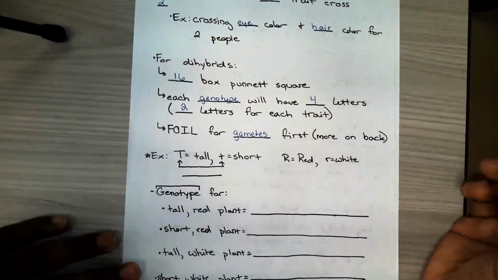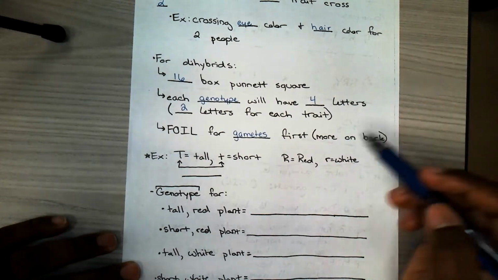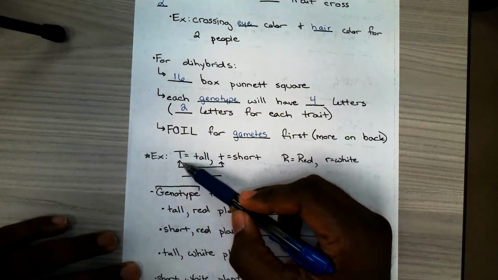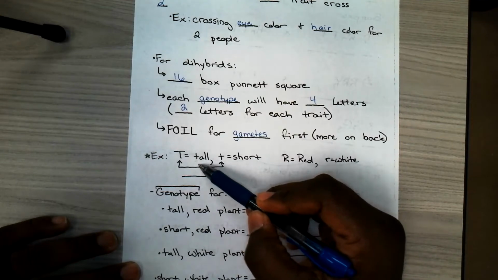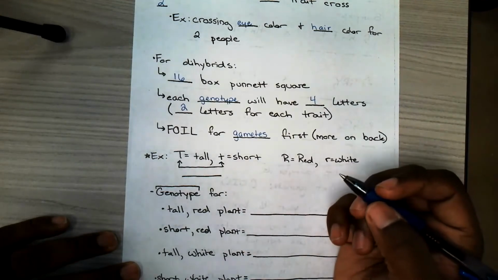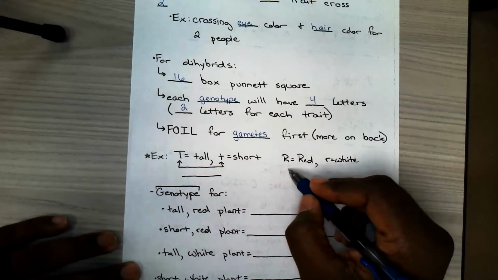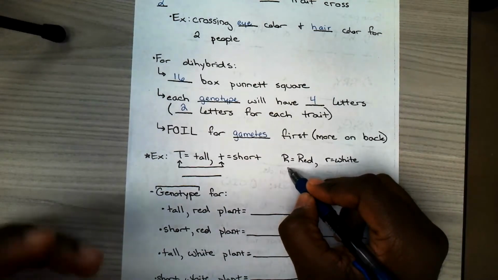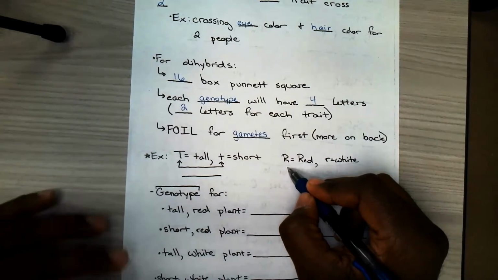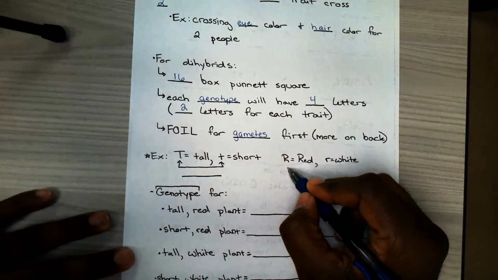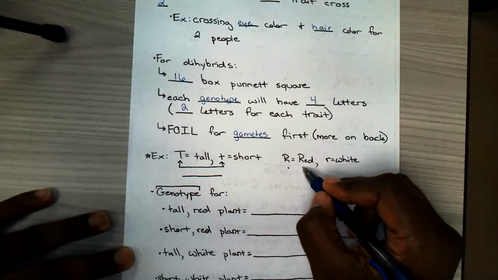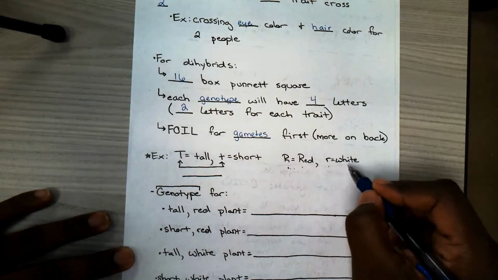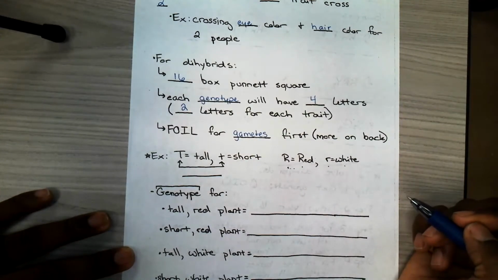So, for example, we have big T is dominant because it's the uppercase for being tall, a lowercase t or little t for short. And then we have red, let's say if we're going to do hair color. That's interesting. And then you're going to have big R represent dominant for red, little r be recessive for white.